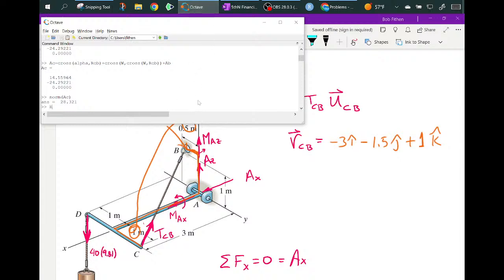Now, let's look. RCB is equal to minus 3, minus 1.5, and 1.